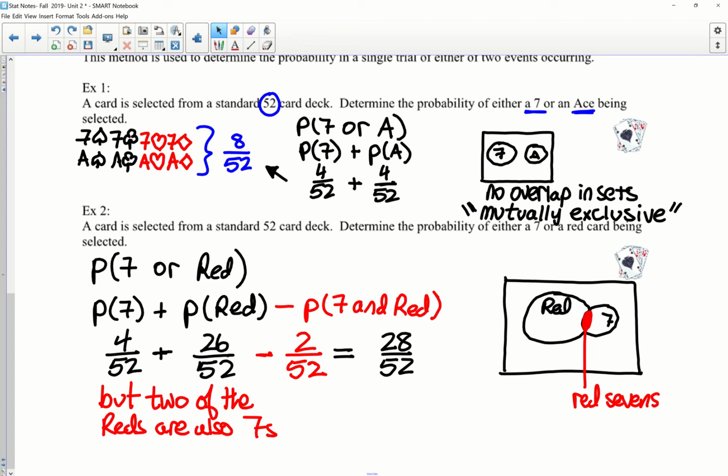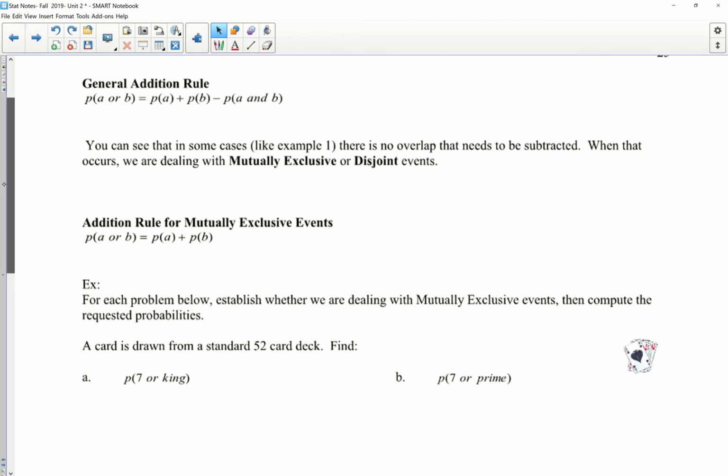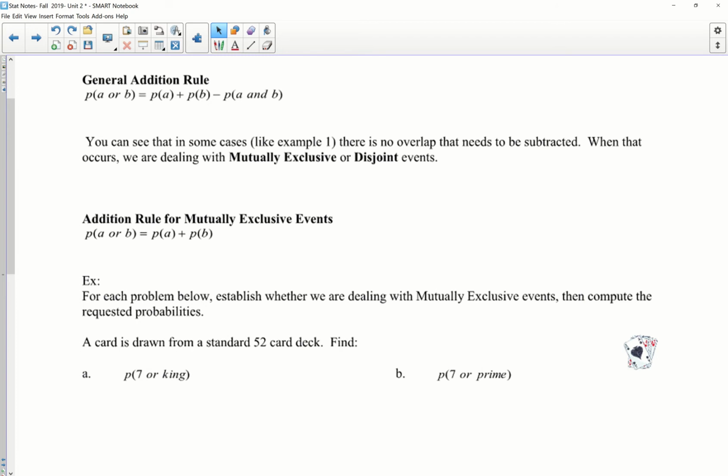So we're only using this as a means to an end, because not everybody is going into whatever field is associated with decks of cards. You're not going to specialize in decks of cards. You're going to use some concepts of probability in real life, but we're going to take this concept and try to merge it with some other things that we're going to learn that are real life in nature. So that brings us to the general addition rule, but we just really kind of discovered that.